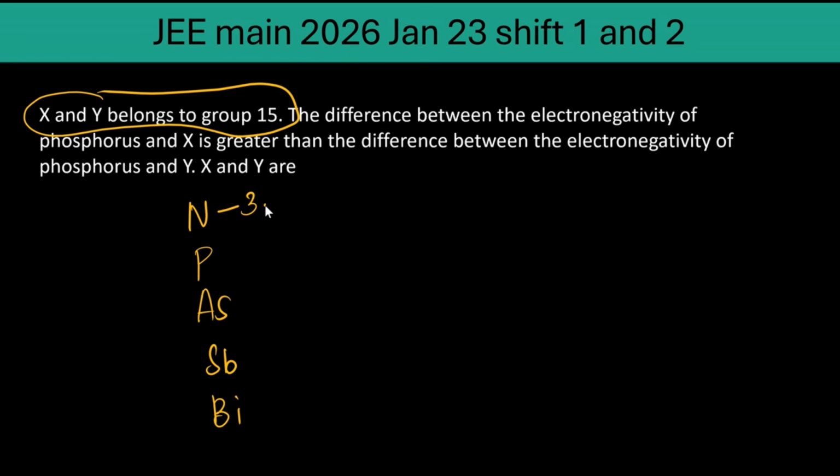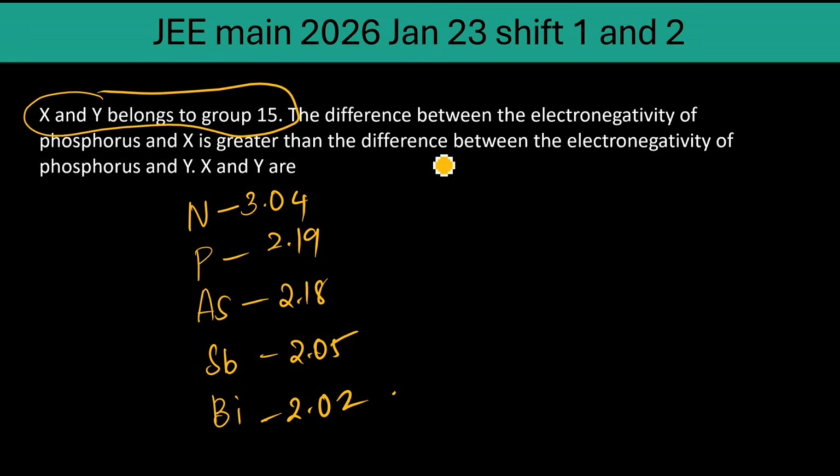So if you see the electronegativity values, this will be like this. So as you can see, the difference between the electronegativity of phosphorus and X is greater than the difference between phosphorus and Y.